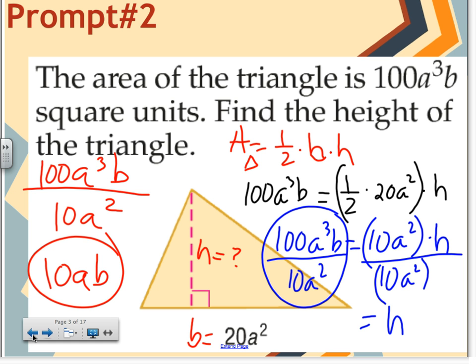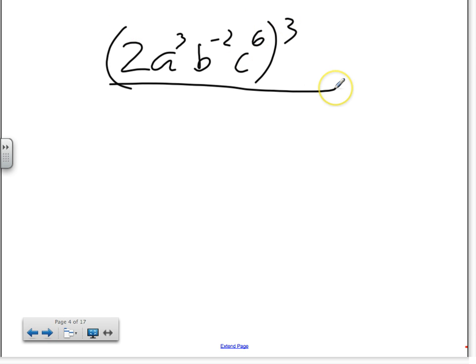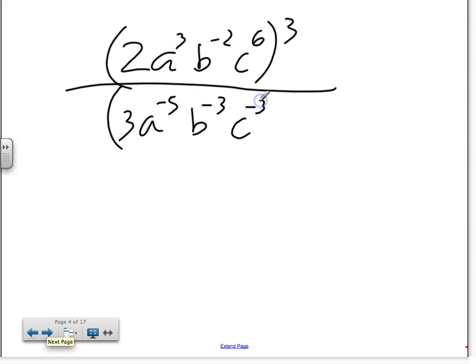Any questions? All right, so let's do one last problem just for fun, and see if we can actually handle this. So this is the problem. I have 2a to the 3rd, b to the -2nd, c to the 6th, everything raised to the 3rd power, over 3a to the -5th power, b to the -3rd power, and c to the -3rd power again, everything raised to the 2nd power.